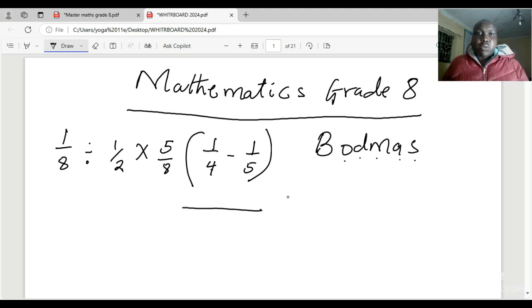The LCM of 4 and 5 is 20. 20 goes to 4 five times. 5 times 1, that is 5. Minus, 5 goes to 20 four times, 4 times 1, 4. 5 minus 4, that is 1/20. So from the bracket, what we have is 1/20.